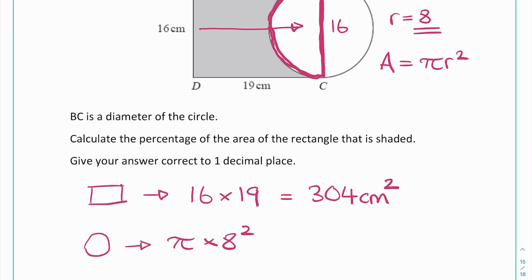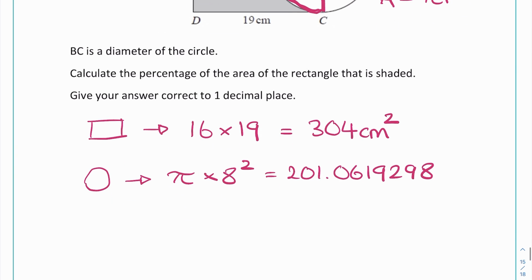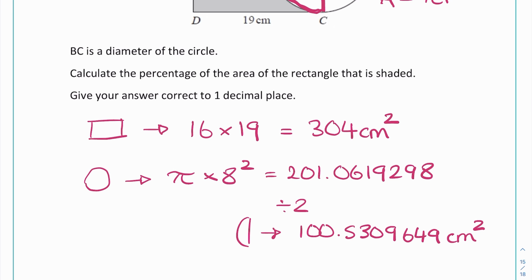Now that gives me an answer of 201.0619298. We want a semicircle, so I'm going to divide that by 2. So the semicircle that we're looking at is going to have an area, when we divide that by 2, of 100.5309649.